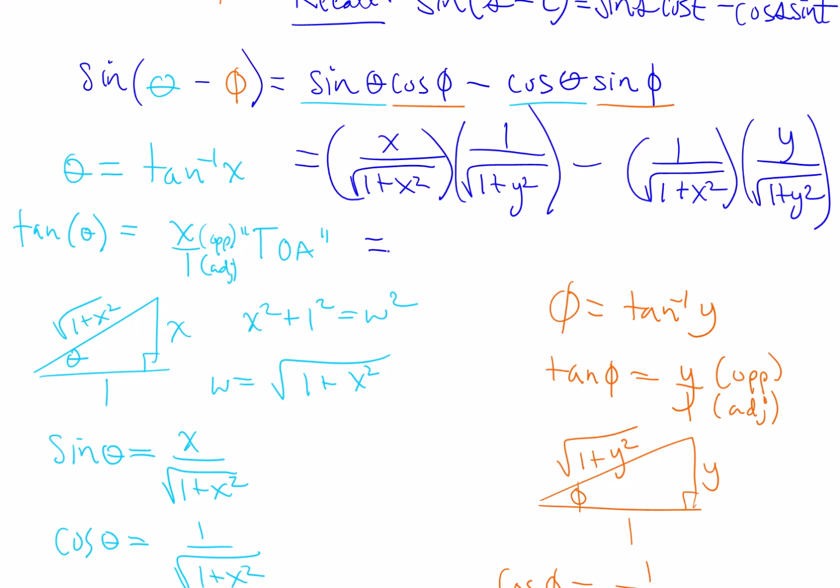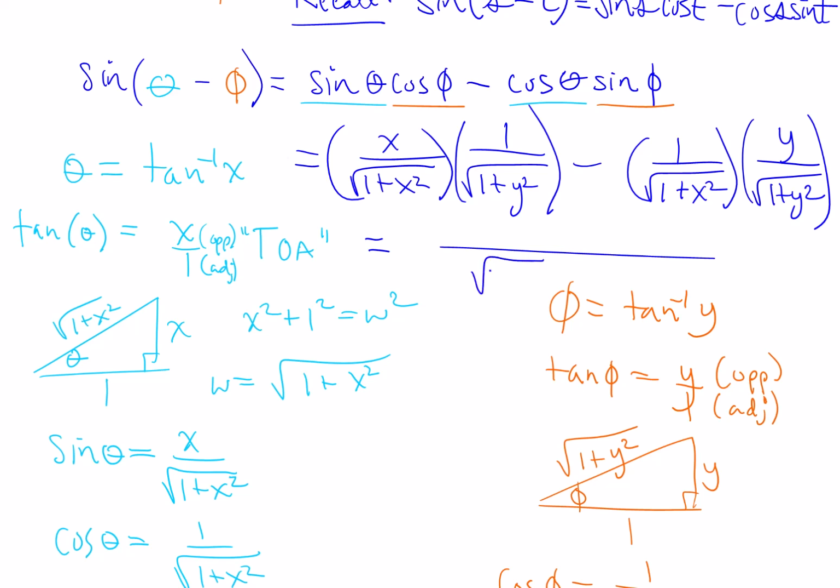Notice that there's actually two terms here. Let me highlight these here. We have the first term and the second term really coming from this subtraction formula for sine. And those are each fractions, but they would have the same denominator given what we've written and plugged in, because they both have the product of the square root of 1 plus x squared and the square root of 1 plus y squared. Meaning, really, that's our common denominator we could use to write our final answer as one fraction.